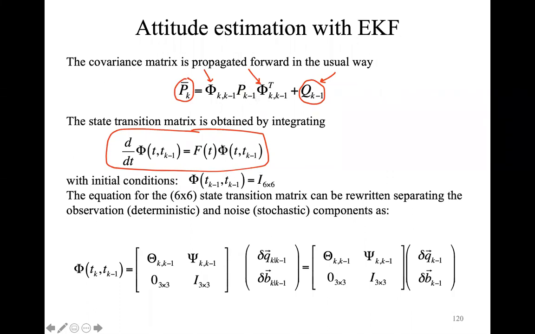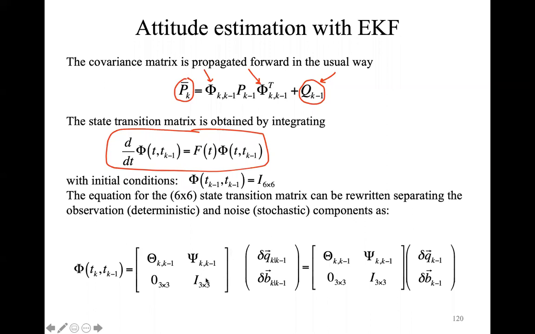So it is the transition matrix that is referred to the quaternion itself, and what is done afterwards. Phi is divided into three submatrices: theta, psi, and the identity matrix.